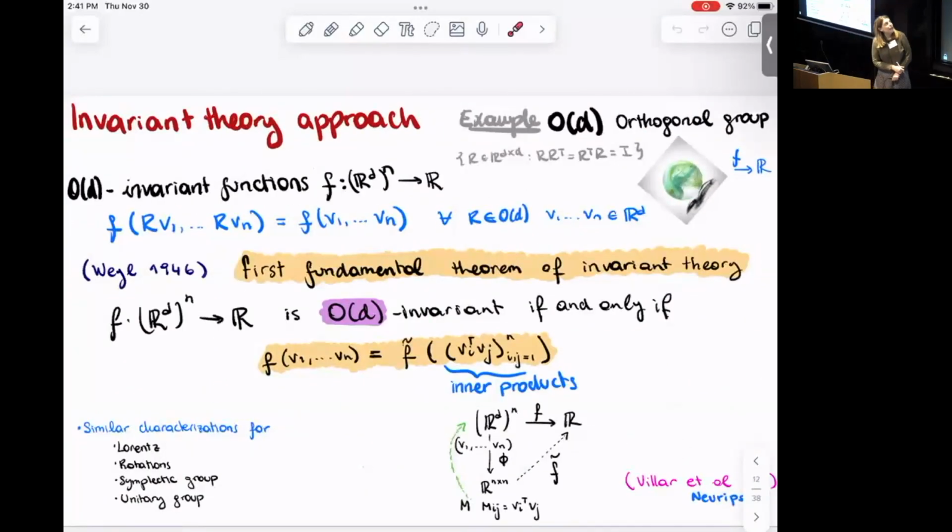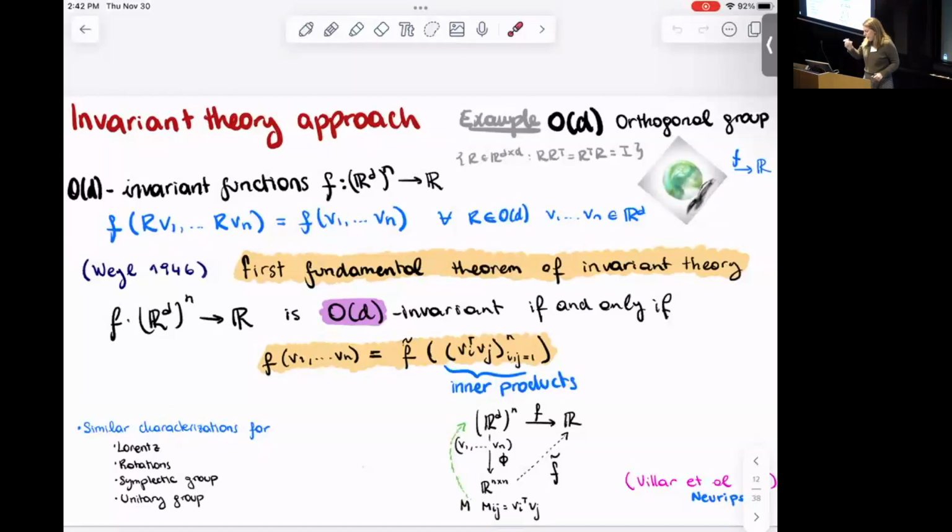So a simpler way, which doesn't always work but works for SO(3), O(3) and the Lorentz group, is this: instead of using the representation theory approach, where you change the linear layers to satisfy the symmetries, you can use invariant theory to understand how to express the invariant functions, and then use that to implement the equivariant functions.